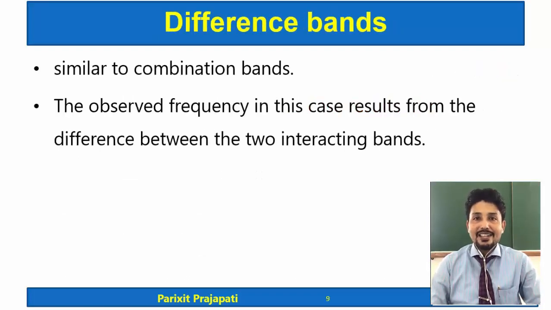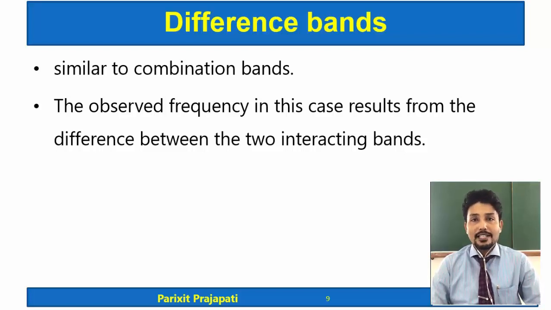Now difference band is somewhat similar to the combination band. In a combination band, the new absorption band was observed at the sum of two fundamental vibrations, 600 plus 700, at 1300. Here the new absorption band appears at the difference of two interacting bands.